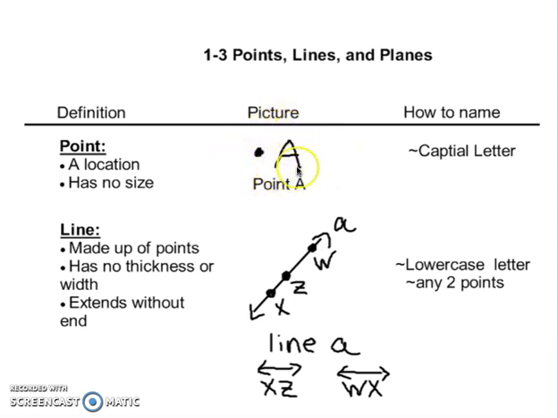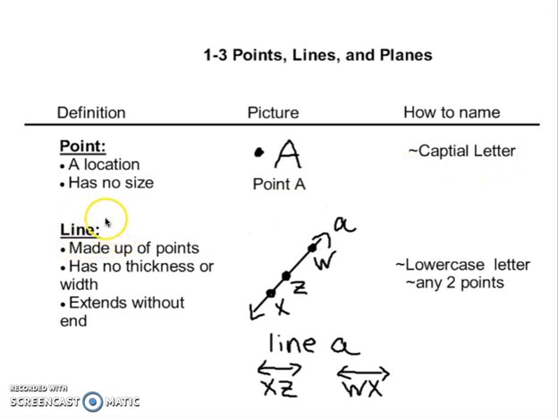You would see a point with a capital A or a capital letter. A does have location, and it has no size. So that's the definition of a point, that it has location, but it has no size. It is always represented by a capital letter.